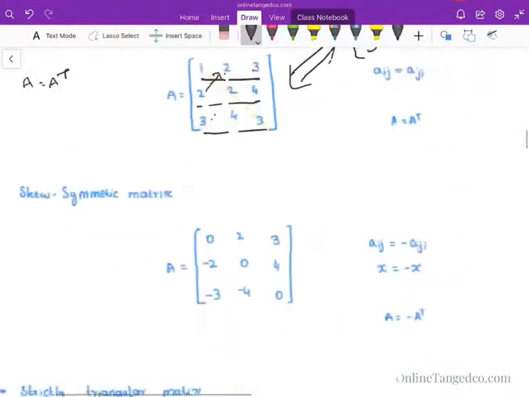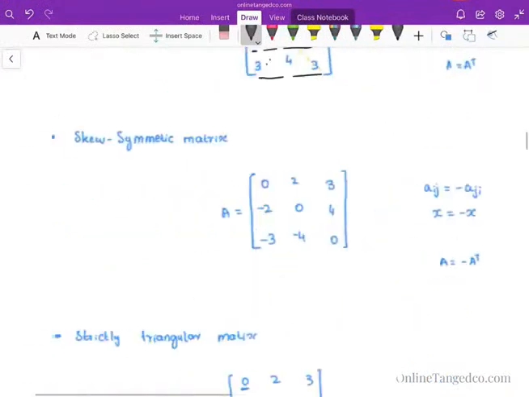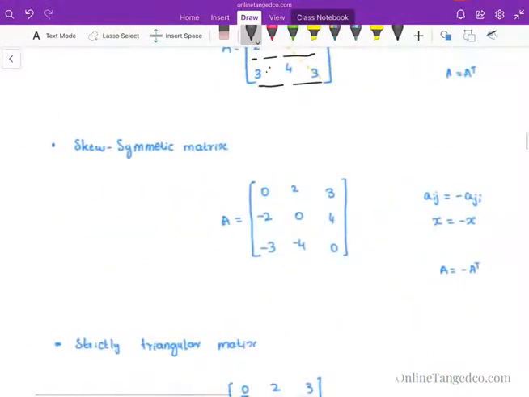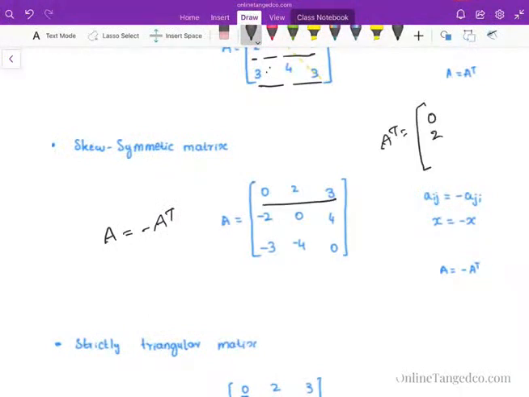Then the skew symmetric matrix. Here A is equal to minus A transpose. Similarly, do the transpose of A. What you will see is, write the row in the column: 0, 2, 3, minus 2, 0, 4, minus 3, minus 4, 0.